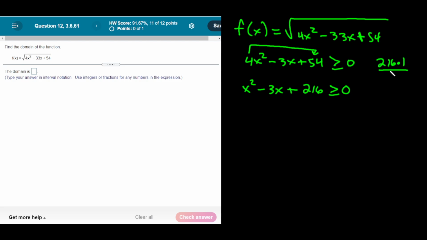So let's divide this by 2. We get 108. Multiply this by 2. We get 2. Divide by 2, multiply by 2. Divide by 2, multiply by 2. Divide by 3, multiply by 3. Divide by 3, multiply by 3. 24 times 3 is 72. I'm in math mode today.